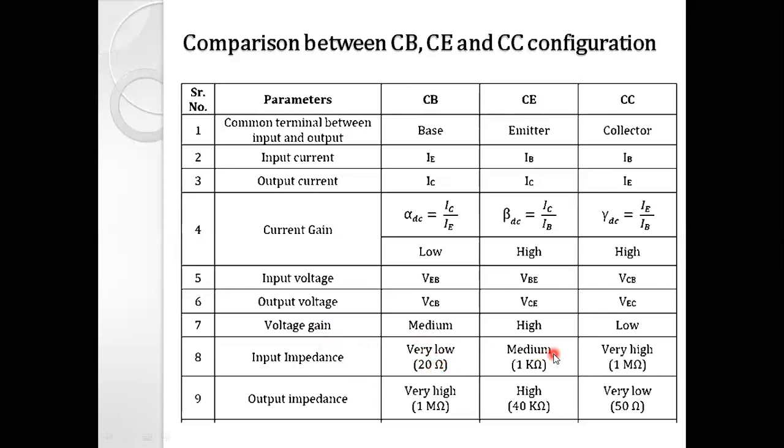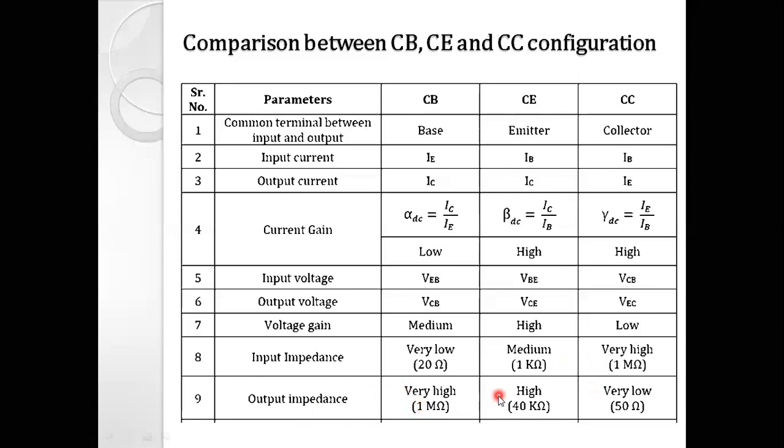For common emitter configuration, the input impedance is medium, typically nearly 1 kilo ohm, and input impedance is highest in the common collector configuration, typically near 1 mega ohm. For output impedance, common base configuration is good because it has the highest output impedance, which is nearly 1 mega ohm.